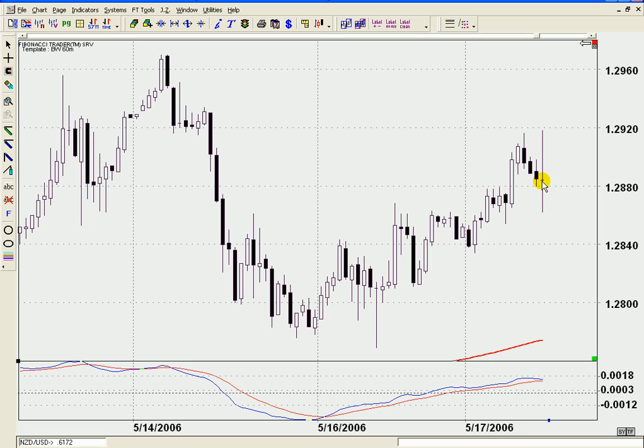But price opened here, it rallied all the way up, trying to exceed this high and failed, and came down here and failed, but we see a point of indecision at a potential reversal point right here. And here I would be looking for the possibility of price moving down if it gets below 28.80.